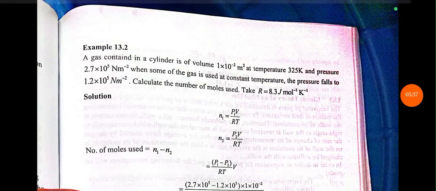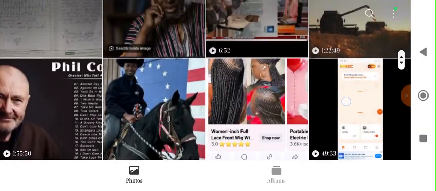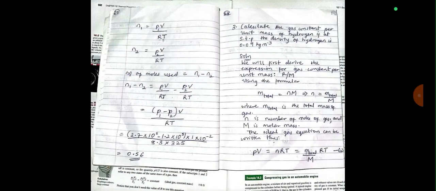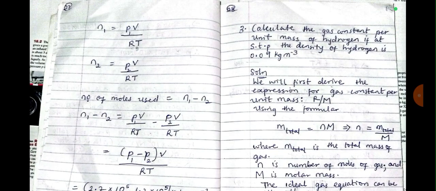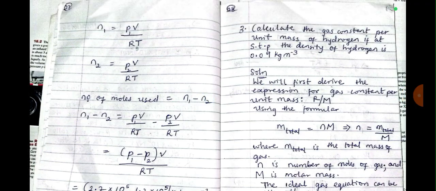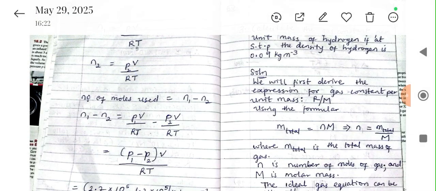You now solve for N1 and also solve for N2. N1 is P1V over RT. The number of moles used is the difference between the moles, N1 minus N2. You subtract the second equation from the first.